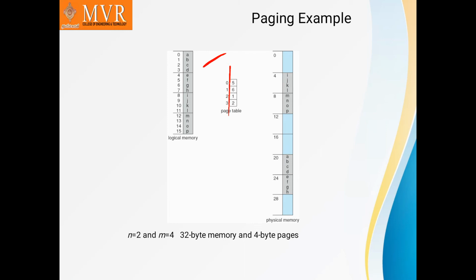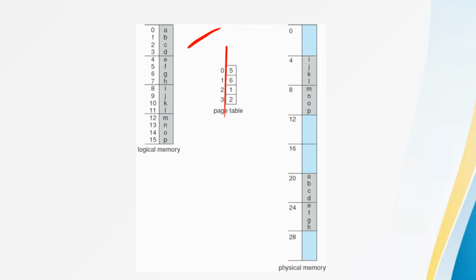So 0 to 16 means 0 to 15 will be taken. Each one will be divided into 4 parts, that is 0 to 3, 4 to 7, 8 to 11, 12 to 15. Clearly observe. So the pages are 1, 2, 3 and 4.